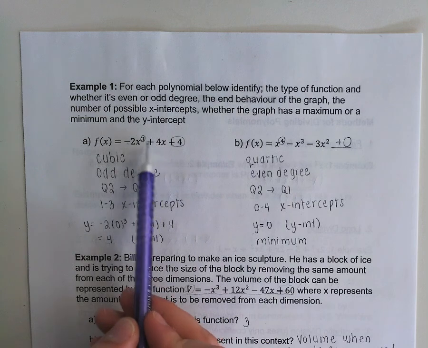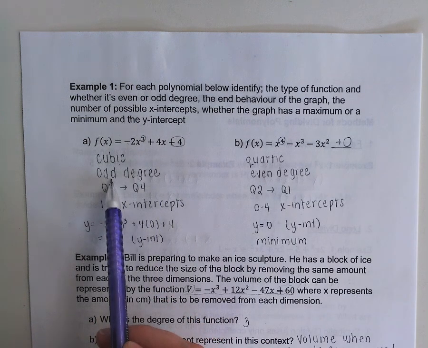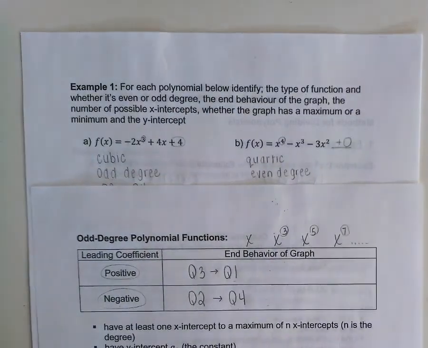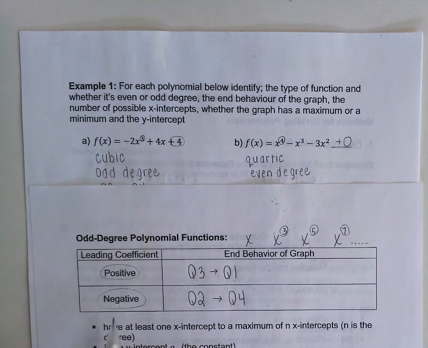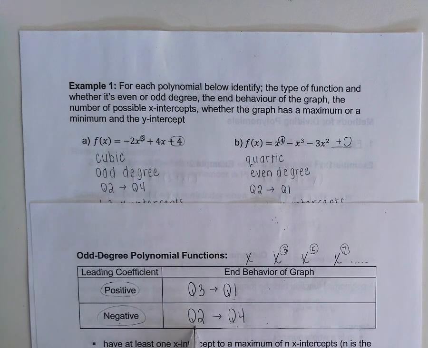If you look at example 1, this is a cubic function, which is an odd degree. The leading coefficient is negative, so because it is an odd degree polynomial with a negative leading coefficient, it's going to go from quadrant 2 to quadrant 4.